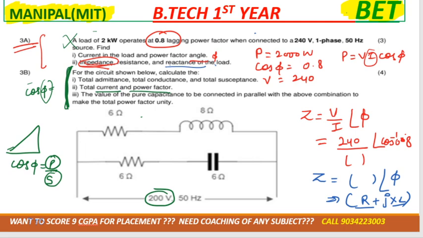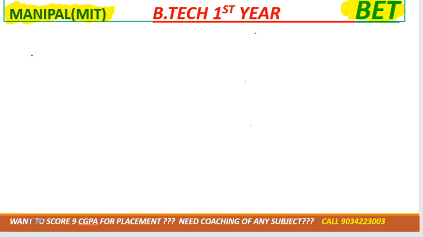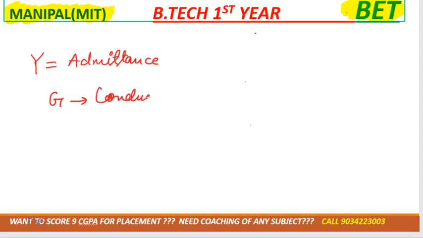Now read the third B question. Now see what you need to do, that is about admittance, conductance and susceptance. See, admittance is denoted by Y. Y is the admittance, G is the conductance and B is the susceptance.